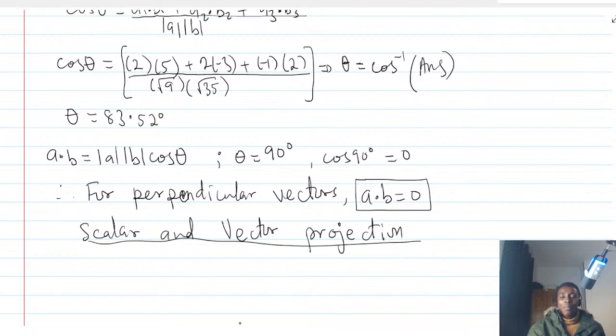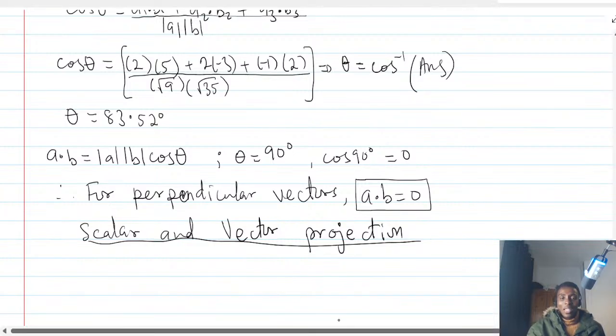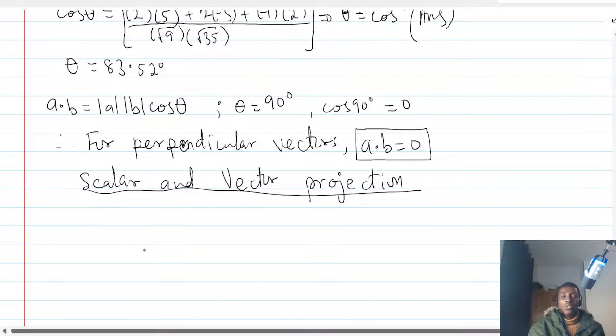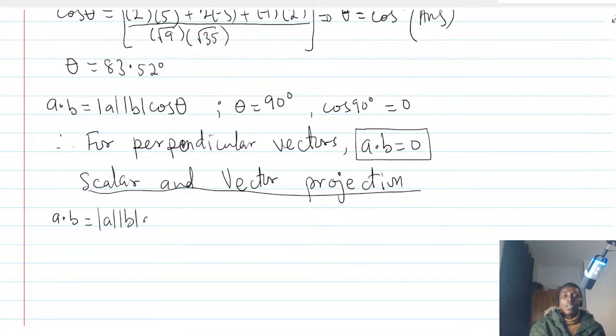Whenever we talk about projection, we are talking about the fact that we can project a vector onto another vector. Now let's go straight forward. We said that A dot B is |A| multiplied by |B| cos theta.